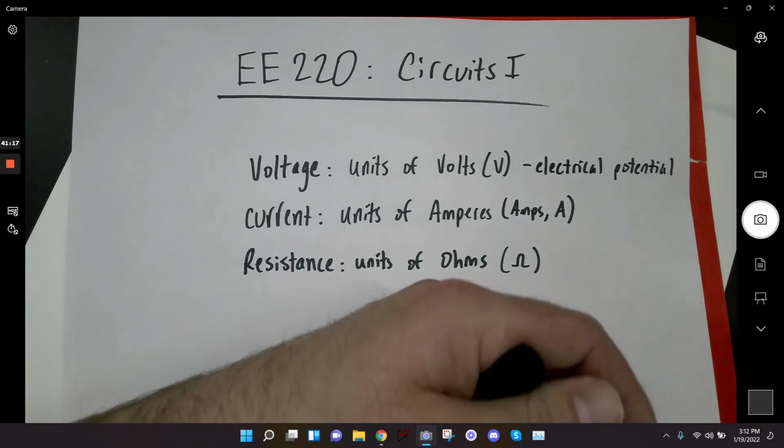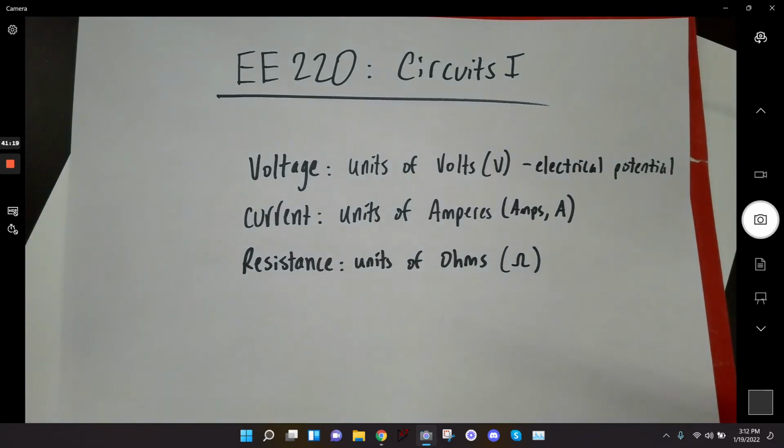Electrical charge is being pushed around by voltage, and voltage is kind of like force. You can think of it, Dr. Baker uses this analogy a lot, like water. Think of electrical charge as the water itself, and in order to move that, if you just have water sitting in a pipe and you blow on it, it'll move through the pipe a little bit because you applied some pressure or some force to the water.